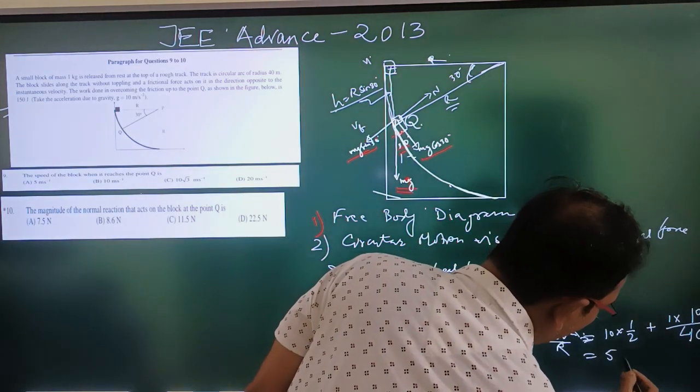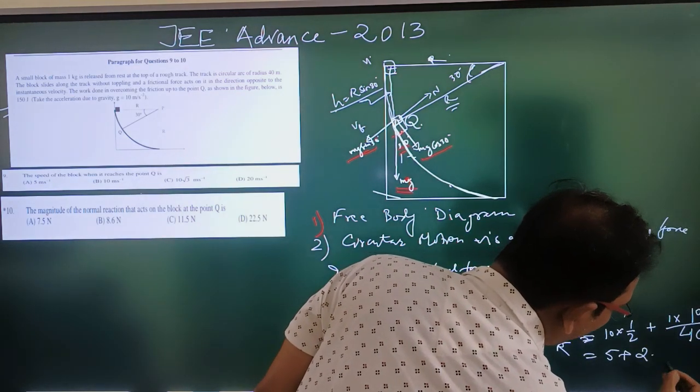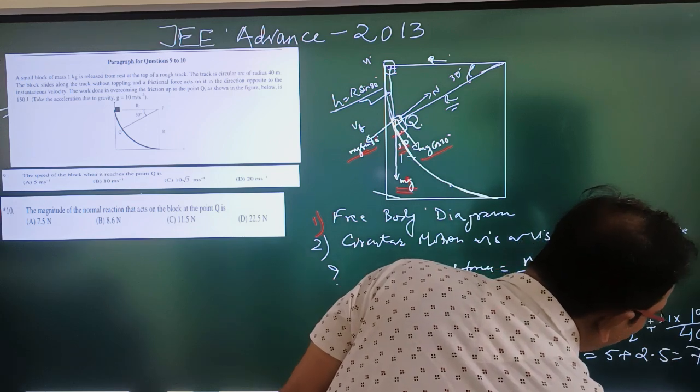If we solve this, this is 5, this is 2.5, then 7.5 Newton.